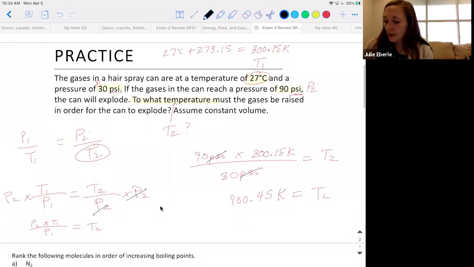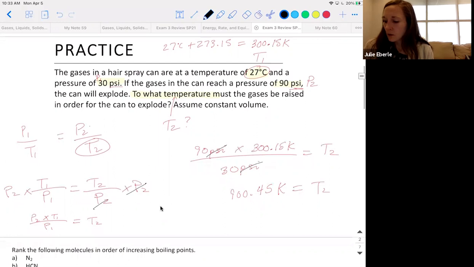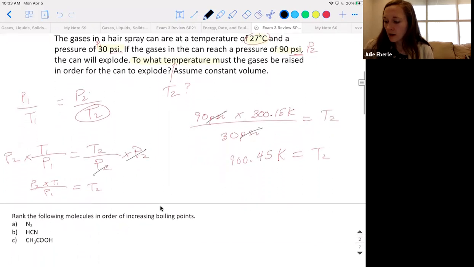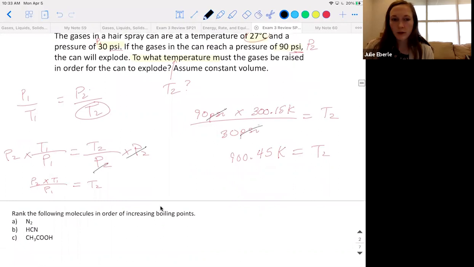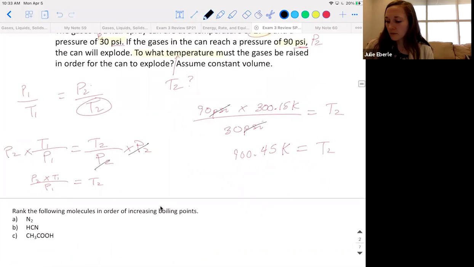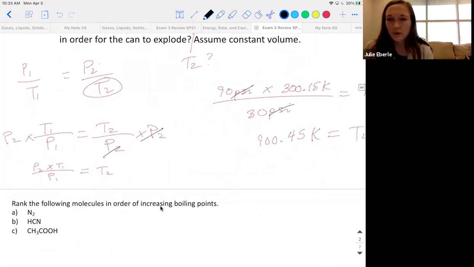All right. We'll look at another problem. I'll leave that visible while I read the problem down below. It says rank the following molecules in order of increasing boiling point. So you got 3 different molecules here, and all you need to decide is, do these have different types of intermolecular forces?